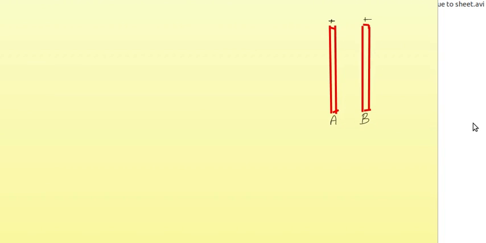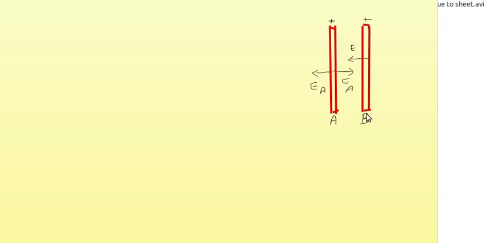Finally, what is the field between two positively charged sheets? So A and B are two sheets. A is positive and B also positive. So due to A, between the two sheets, it is towards right and towards left. You know, from the positive charge the field lines are always away. So this is away, this is away.